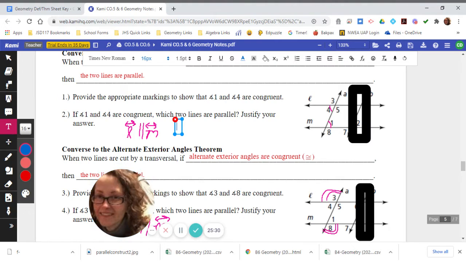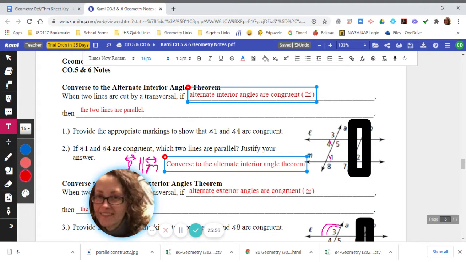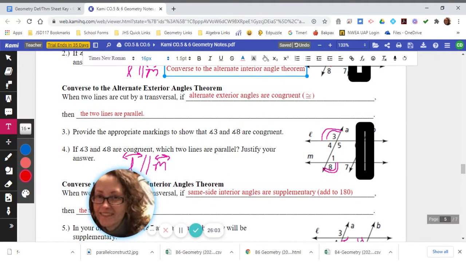My justification for L and M being parallel would be the converse to the alternate interior angle theorem, because I used the one where we started with the angles and ended with the parallel lines. They gave me the angles and I ended with the parallel lines.